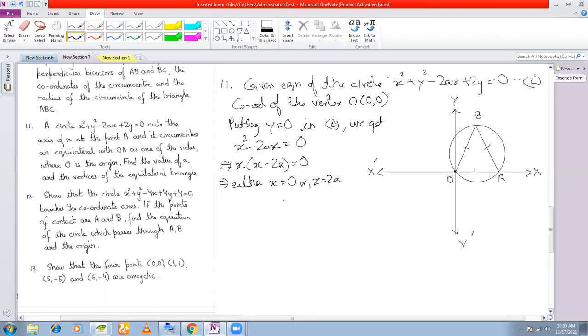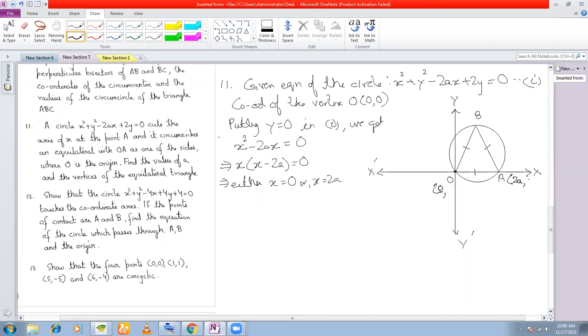Now why are we getting x is equal to 0? We are getting x is equal to 0 because the origin is one of the points, right? We are actually getting the x coordinate of the origin here. Okay, understood? We are getting this coordinate as 0. Okay, and what is the other coordinate that we are getting? Yes, we are getting 2a, right?